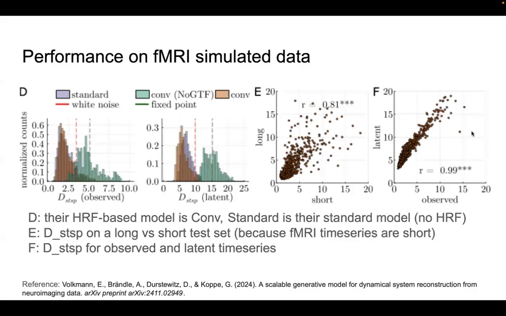And then in E and F, what is the y-axis, normalized counts? Yeah, because they fit like 1,000 different models. Like I said before, the neural network needs to be initialized somehow. So they initialize it 1,000 times, fit 1,000 of those models to the same data, and look at how well it performs across those 1,000 trials.